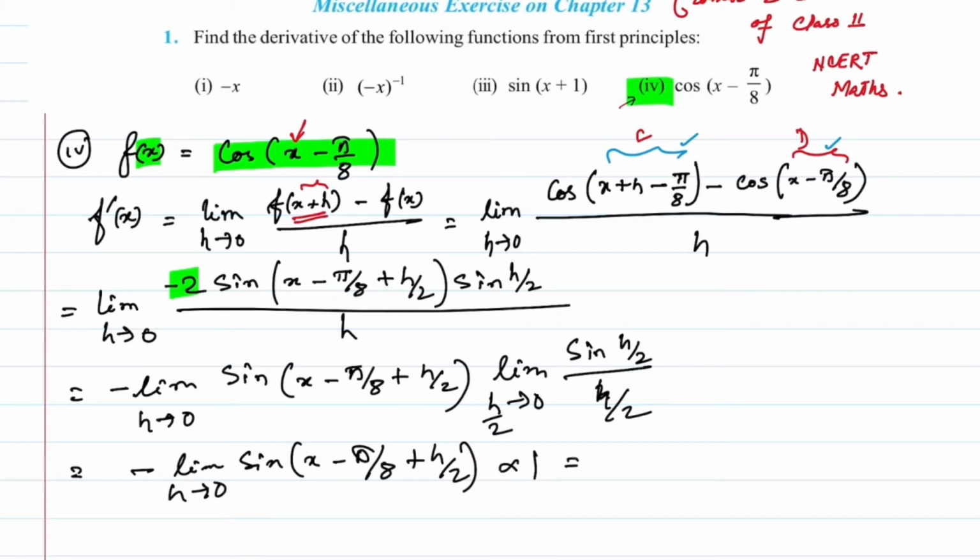Now you see, as h tends to 0, you can replace this h by 0, and then this term h by 2 will be 0. That's why we will get minus sin of x minus pi by 8. So that is our result, the derivative of the function cos of x minus pi by 8.